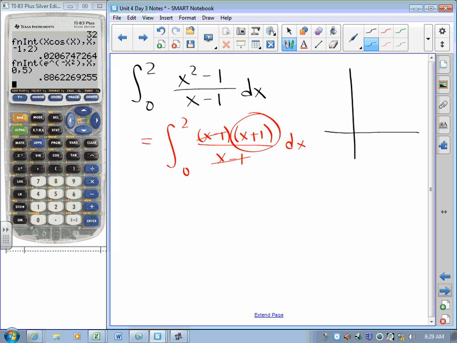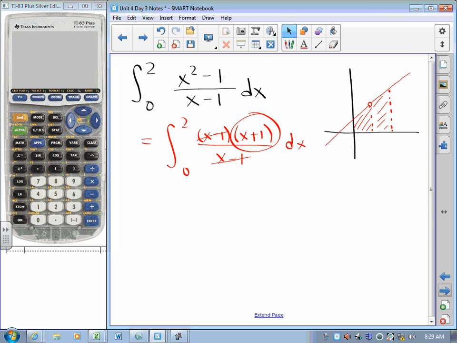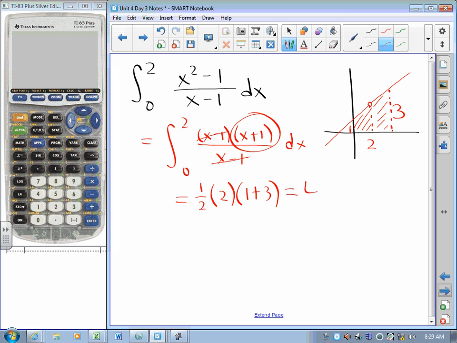If I were to graph y equals x plus 1, except at that place where the hole is, I'm looking for that area, which happens to be the area of a trapezoid, where those are your dimensions. The area is 1/2 the height times the sum of the bases, and that's 4. Just because I have a calculator does not mean I should lose my brain. Am I okay? I'm okay. So we're still playing with properties of the definite integral.